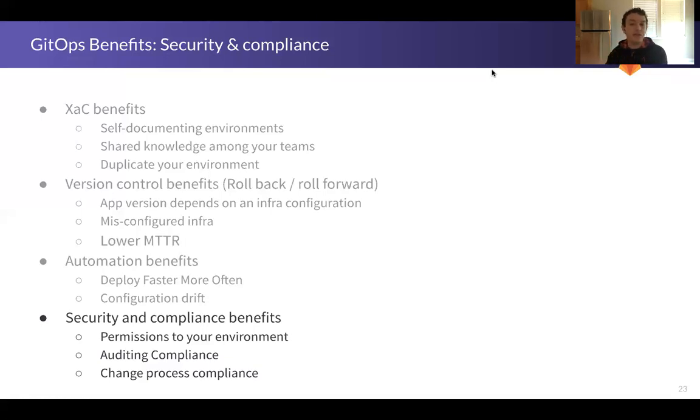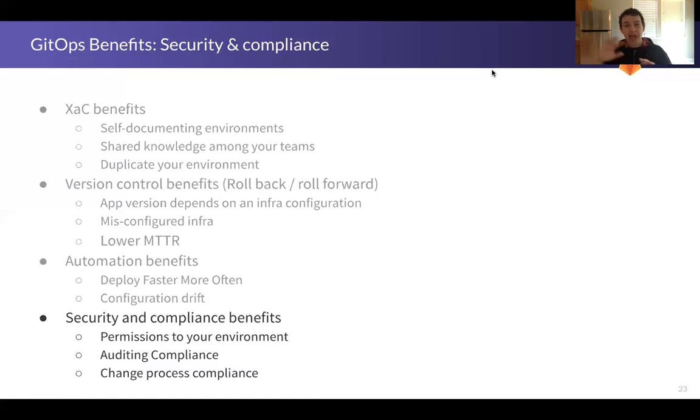If you have manually configured environments, anybody who's gone through an audit and has to look at what's been changed, where, who made the change, and when, you are trying to pull this information out of many different tools, and then you have to normalize it to provide it to your auditors. This can be very, very frustrating.